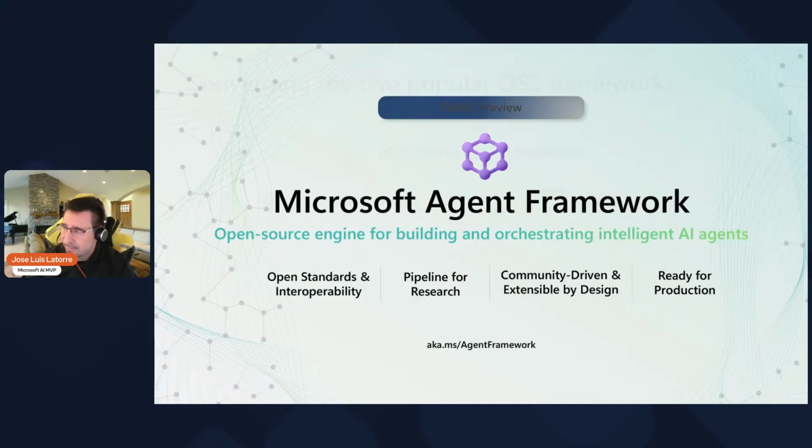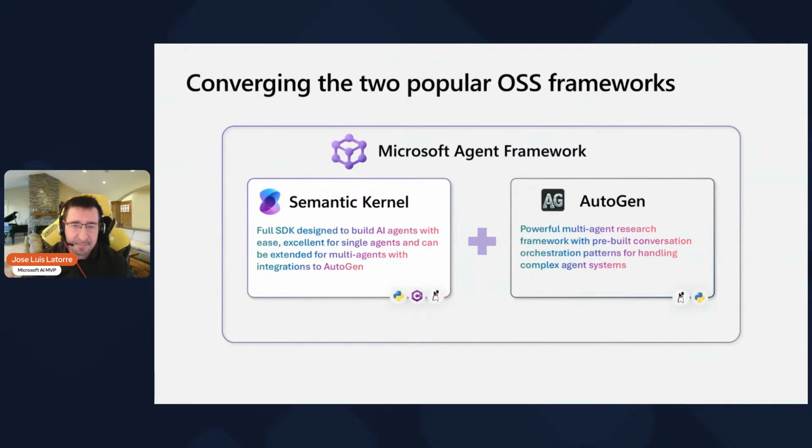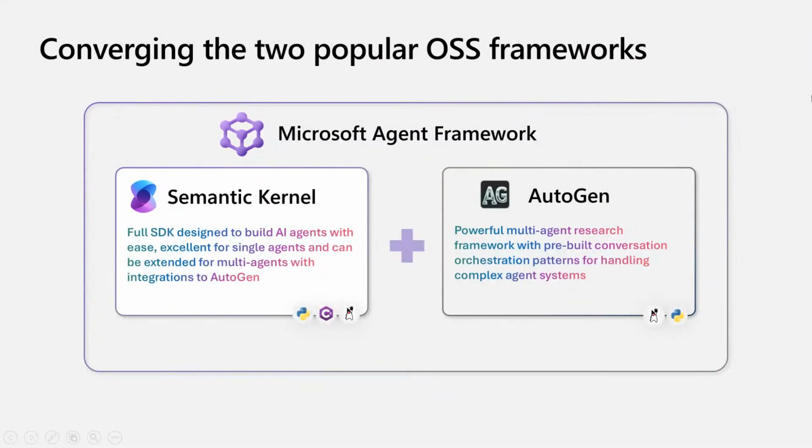Let's go ahead. So first, it comes from the conversion of two of the best. If you are into Star Trek, you have this phrase, which is the best of both worlds. So you have Semantic Kernel, which was the GA, production-ready framework for companies, designed for building AI agents, which is excellent for single agents, and can be extended to multi-agents with some integrations that came from AutoGen but are implemented in Semantic Kernel.